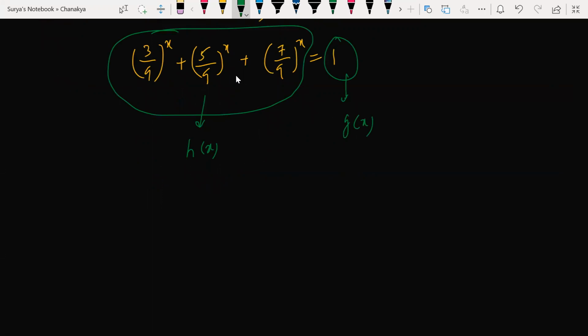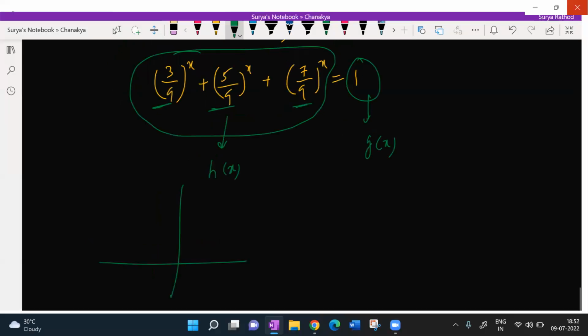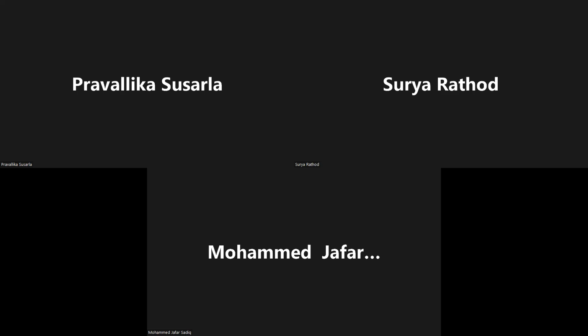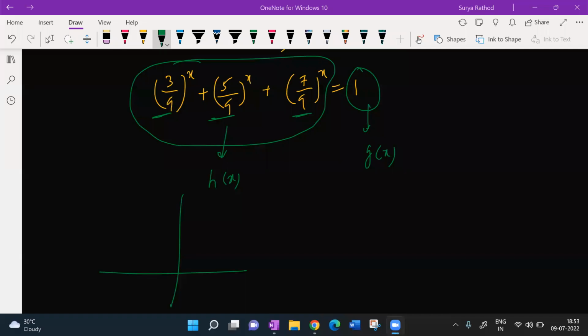As we know, beta, just try to solve this question by using a graph. We know that all these functions are exponential functions. How is the graph of this function going to be? Okay, no problem. So how is the exponential graph going to be, beta?